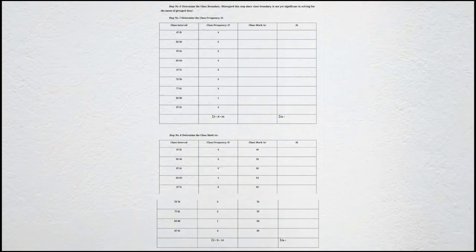So for 47 to 51, go back to the scores and count how many students got the scores of 47 to 51, how many students got the scores of 52 to 56, how many students got the scores of 57 to 61, and then fill up the class frequency. In total we have 30.